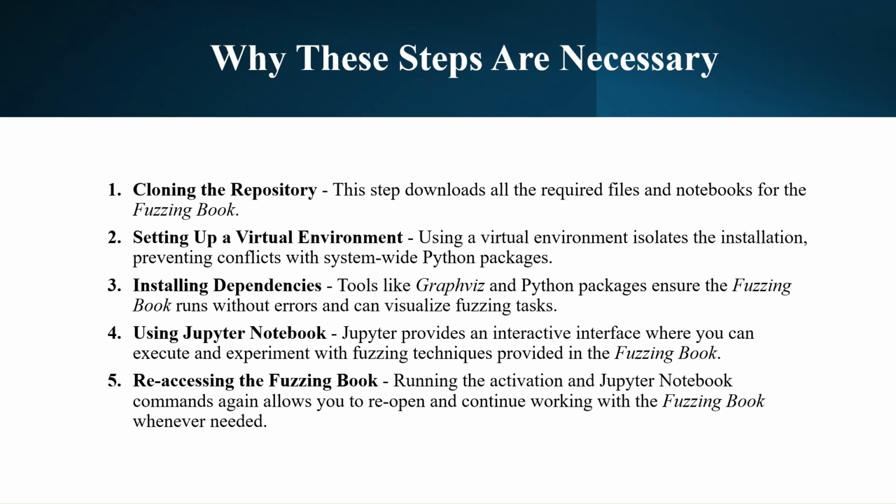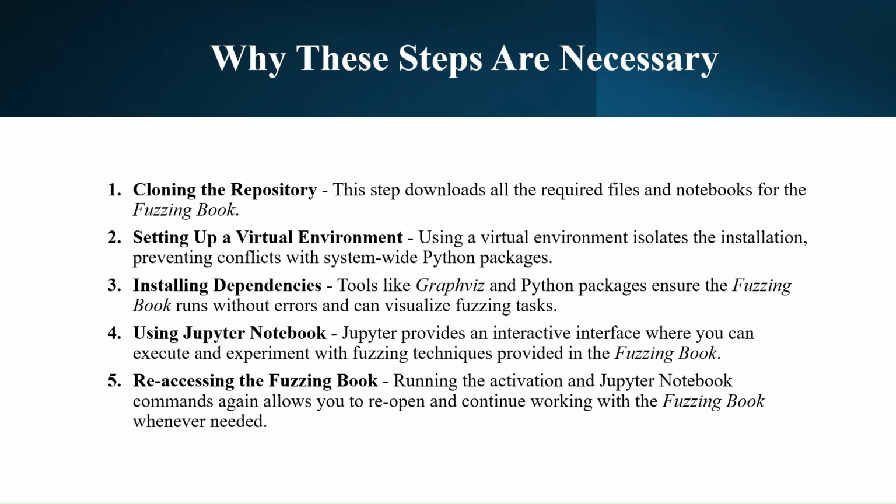Why are these steps necessary? 1. Cloning the repository. This step downloads all the required files and notebooks for the Fuzzing book. 2. Setting up a virtual environment. Using a virtual environment isolates the installation, preventing conflicts with system-wide Python packages. 3. Installing dependencies. Tools like graphviz and Python packages ensure the Fuzzing book runs without errors and can visualize fuzzing tasks. 4.